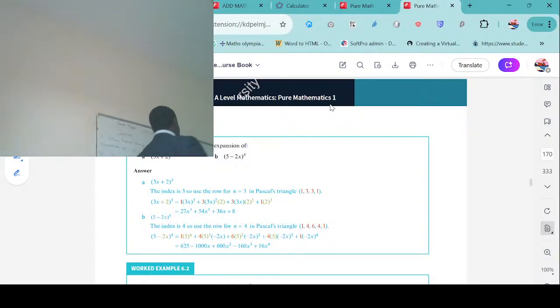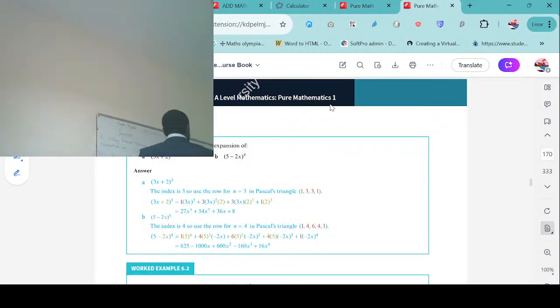So simplifying this will give us 5 raised to the power of 4, that will be 625, plus this is 5 cubed. 5 cubed is 125, right? 125 times 4 is what? 500.